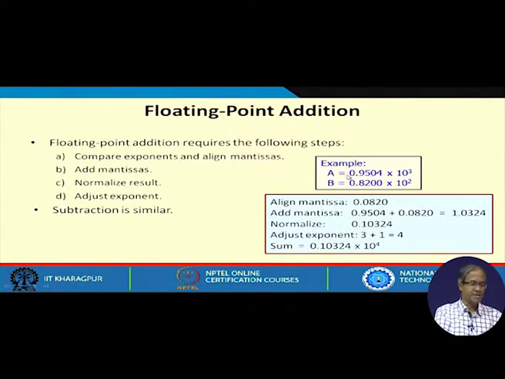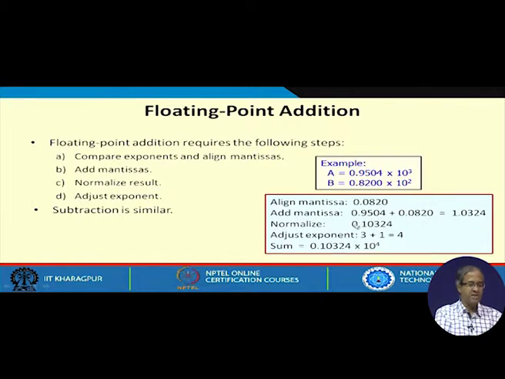Just an example for two decimal numbers is shown here. Suppose I have two numbers a and b. Because the exponents are different, 2 and 3, I make the second one also 3. This means alignment of mantissa: 0.8200 becomes 0.0820, such that this also becomes 10 to the power 3. After alignment I add 0.9504 and 0.0820, and I get this.